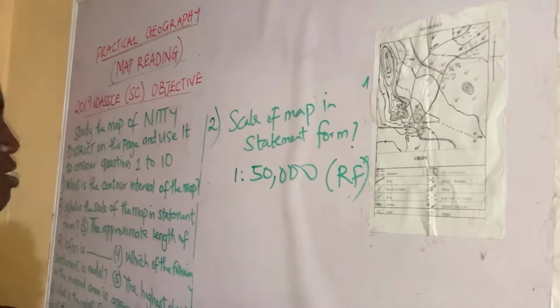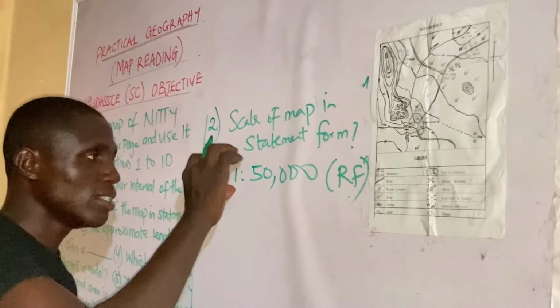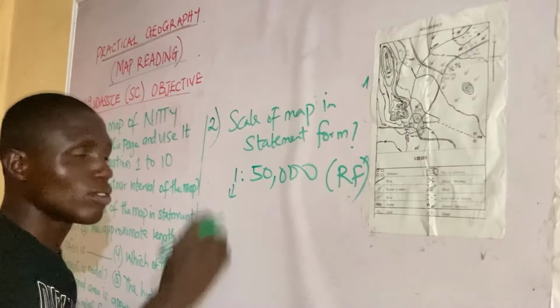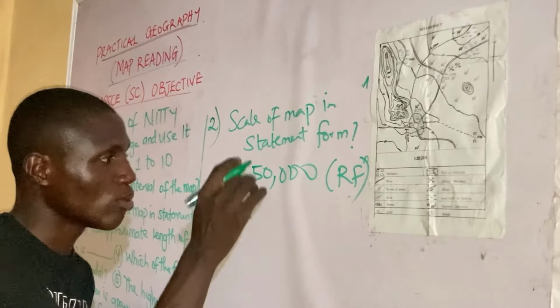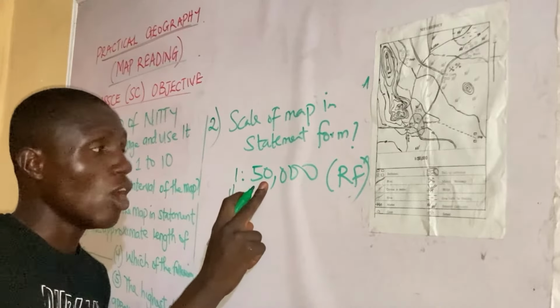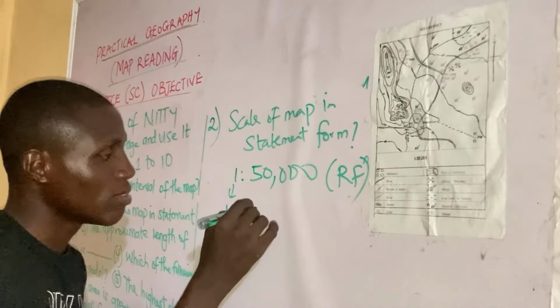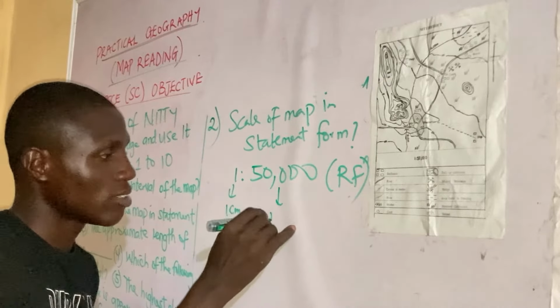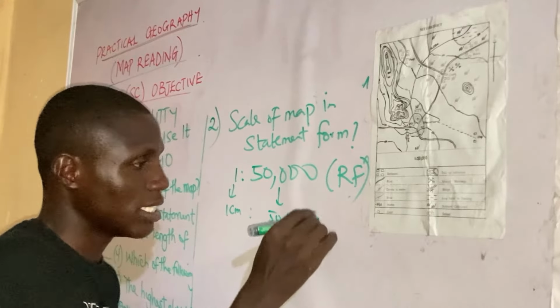So how do I take this to statement scale? We know that this is the distance on the map, which is usually 1 centimeter here, and this one is the distance on the ground. So this is 50,000 centimeters.